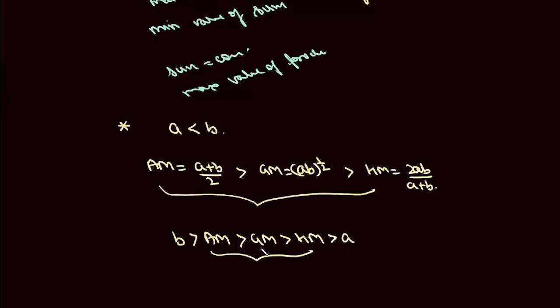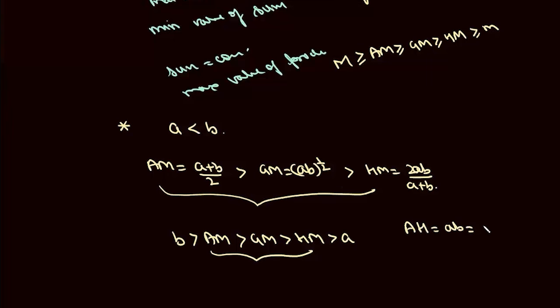And generally, AM, GM and HM of positive numbers will lie between the maximum element and the minimum element given in the set of positive numbers. Now also for two numbers, if we multiply their AM and HM, then (A + B)/2 will cancel.